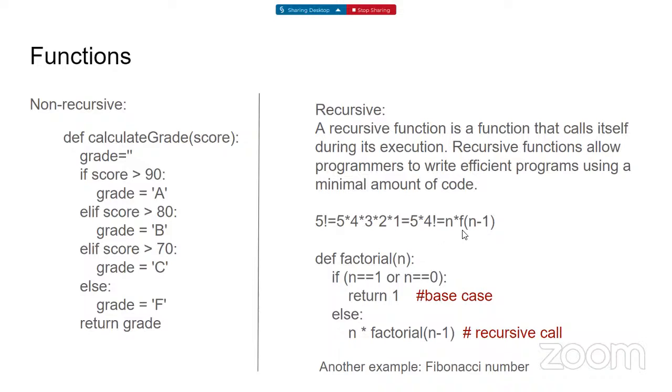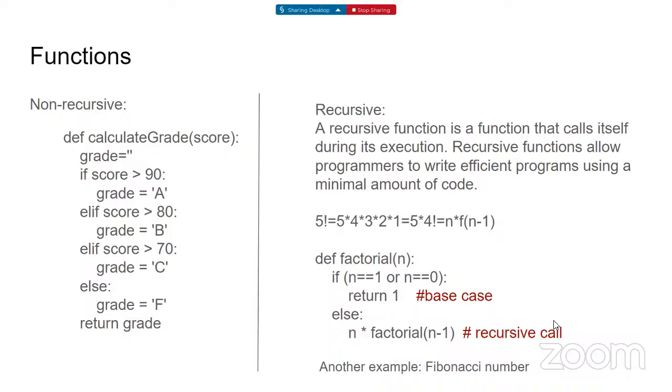So when n is 1 or n is 0, what it should return. Okay. And then you have to do the recursive call of the function itself. So when n is not either 1 or 0, it should be n times f n minus 1. So that's the recursive call part.